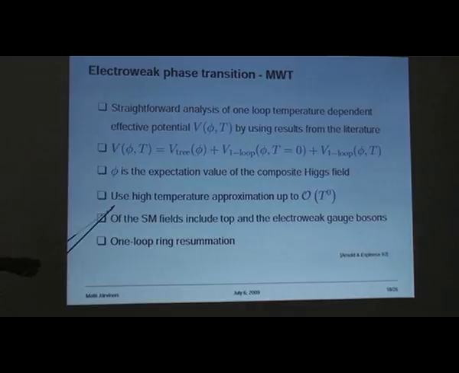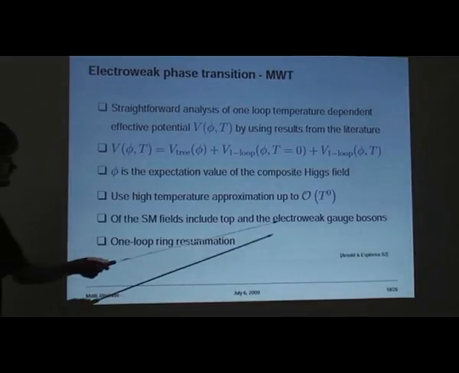In this study we only used the first three terms in this effective potential at high temperature, but we checked that it was not a problem. For the standard model, the only relevant particles at this scale are the top quark and the electroweak gauge bosons.